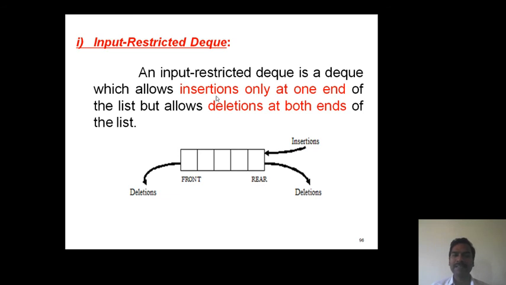Basically, insertions are allowed at the rear end, but deletions are at both ends of the list. So the front end allows deletions and the rear end also allows deletion operations. This is the input restricted deque.